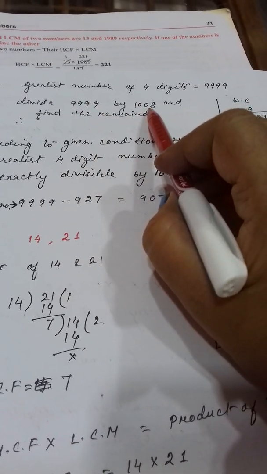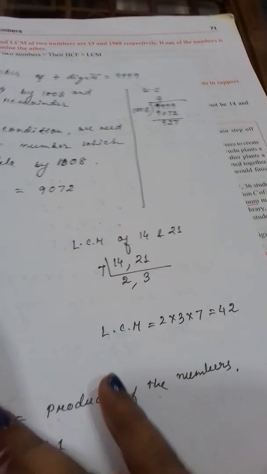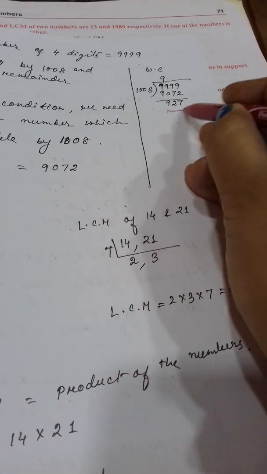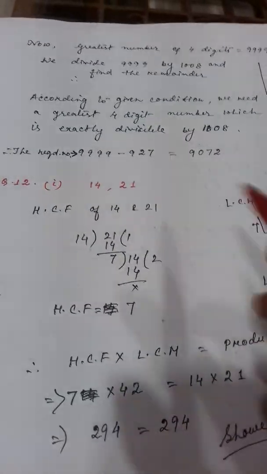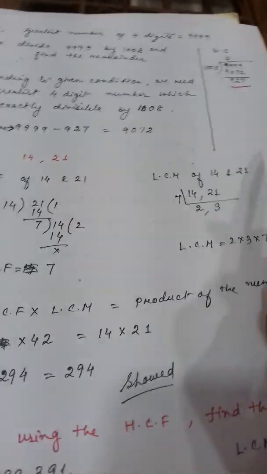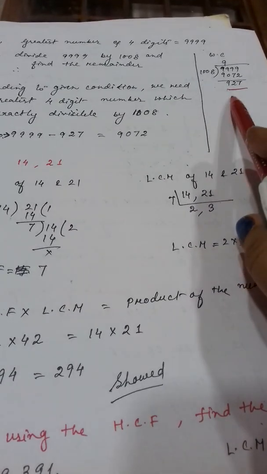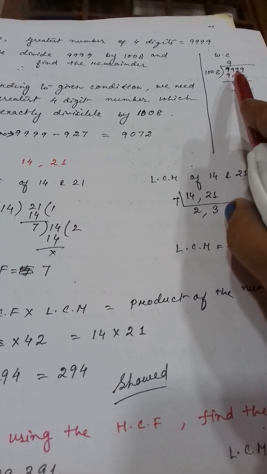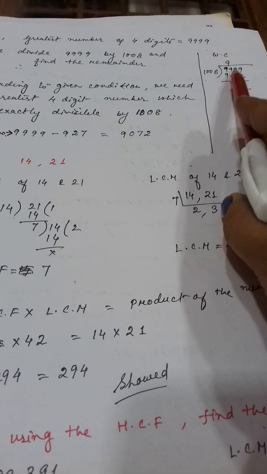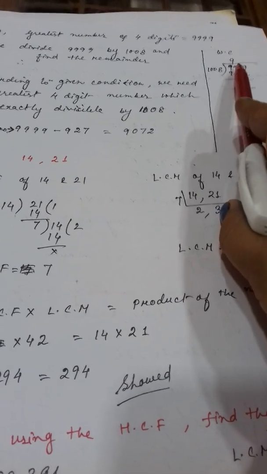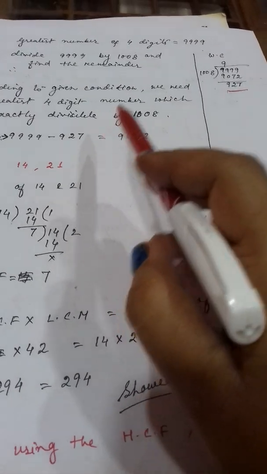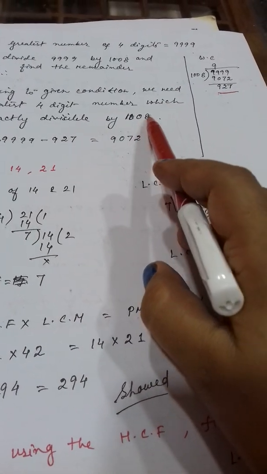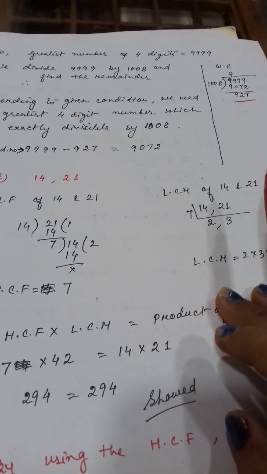If you divide 9999 by 1008, you will get a remainder of 927. If you subtract this remainder from the greatest 4-digit number, the required number will be exactly divisible by the LCM.